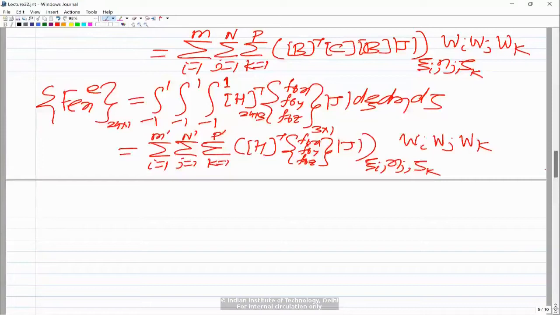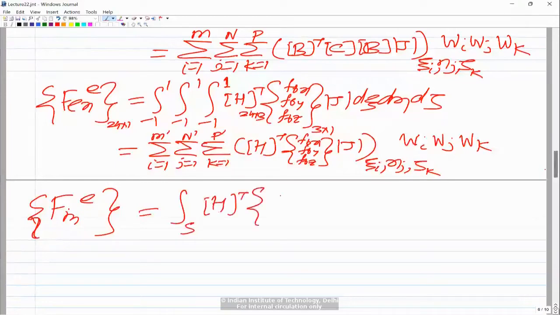And if you now look at the third matrix, the vector, the internal force. So F internal is of course now involving the surface integral. So that is integration over the surface, and we have basically H transpose and then the surface forces Tnx, Tny and Tnz, and into dS. dS is a surface.